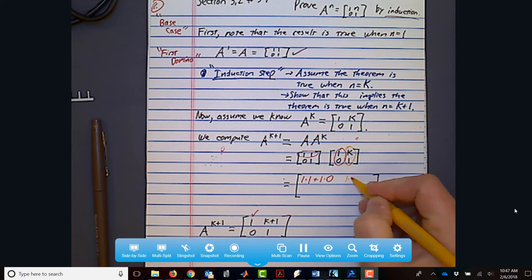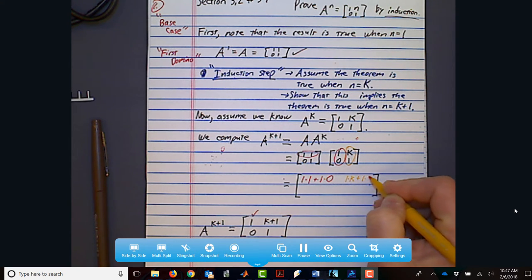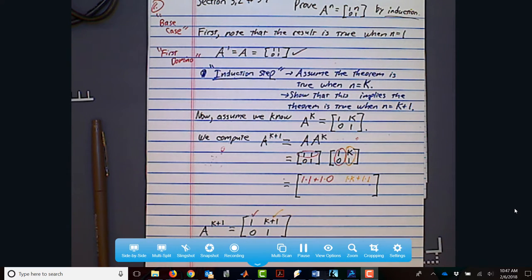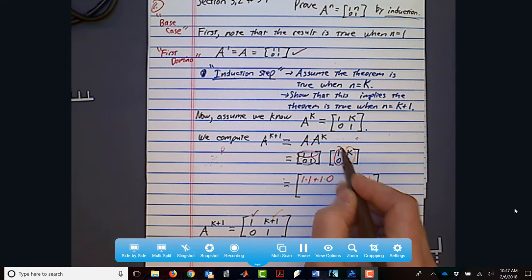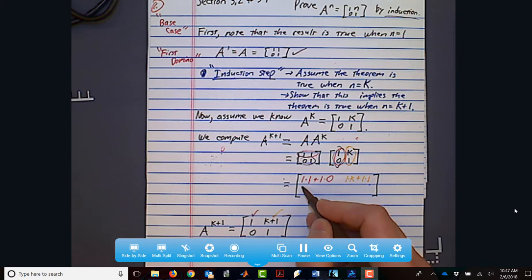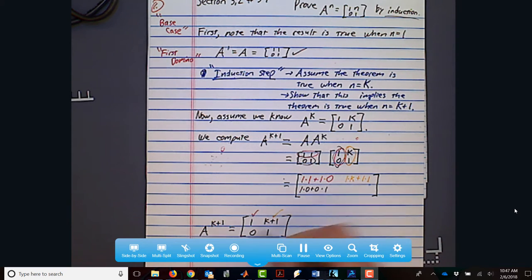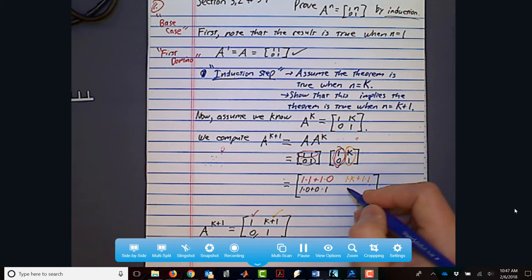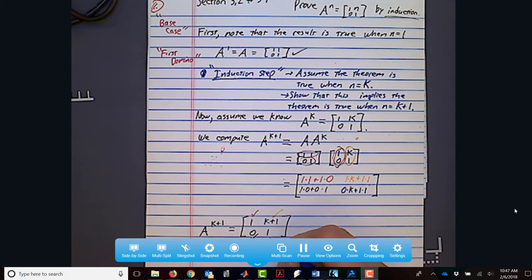And so this is 1 times k plus 1 times 1, and sure enough, that gives me the k plus 1. And you could check the next one, 0, 1. You guys with me? It all works very nicely. The last one would be 0 times k plus 1 times 1, which is 1. Okay? And we've done it.